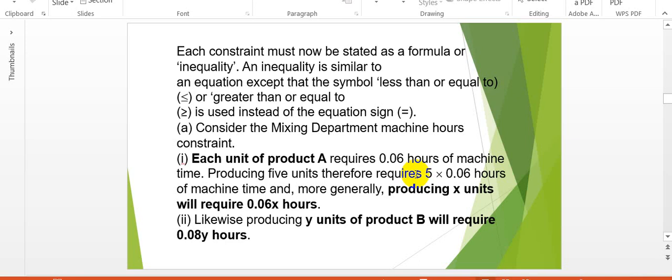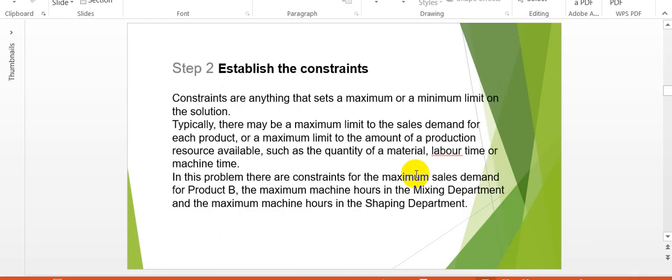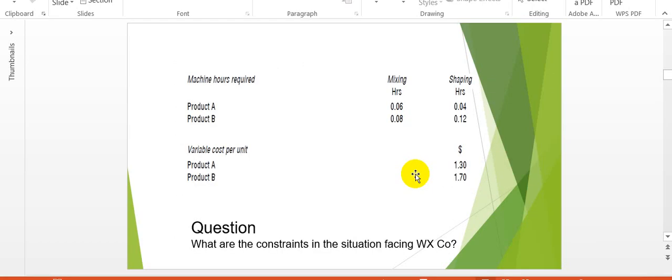So let's consider first the machine hours in the mixing department. The machine hours in the mixing department were given here. Product A requires 0.06, product B requires 0.07.